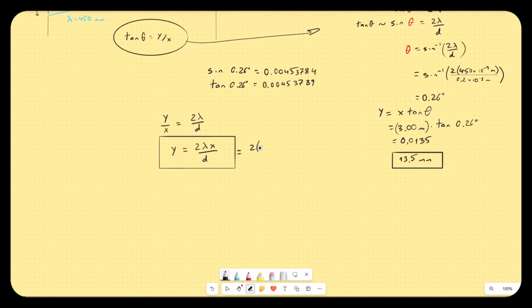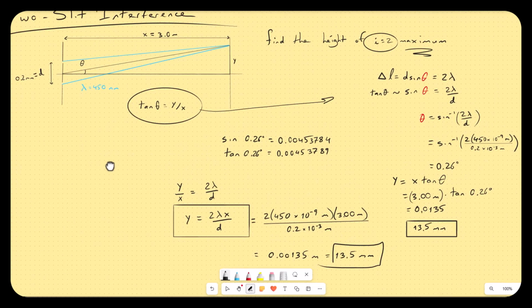So I'm going to get 2 times my wavelength, 450 times 10 to the negative 9 meters, times x over the separation distance, which is 0.2 times 10 to the minus 3 meters. And when I do this, I get actually exactly the same value. So going with this formula is going to be a whole lot faster, just because you don't have to mess around with the inverse sine and whatever.